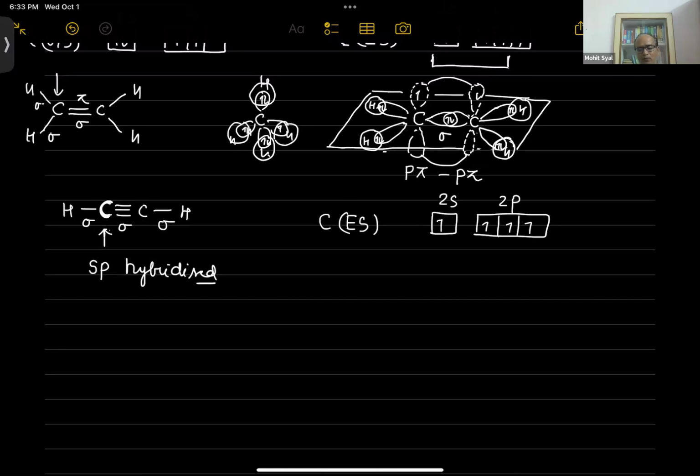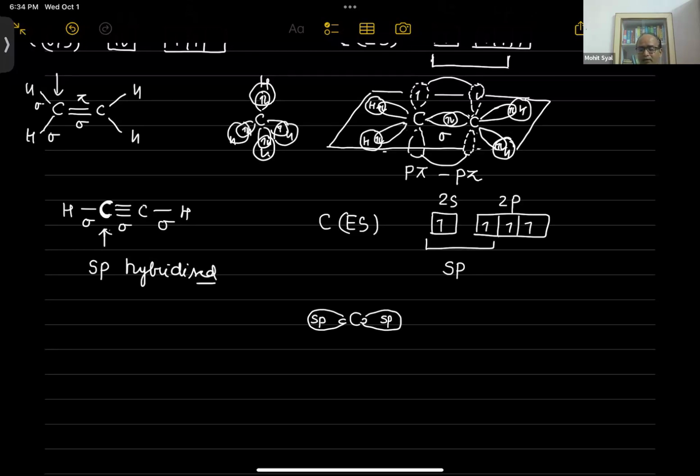Both should be uniform, so I will pick s and p together and mix them. s will become sp, p will also become sp, and each of them will be known by the name sp. There is a small lobe also. After hybridization, the lobe starts looking like a balloon with electron density on one side.